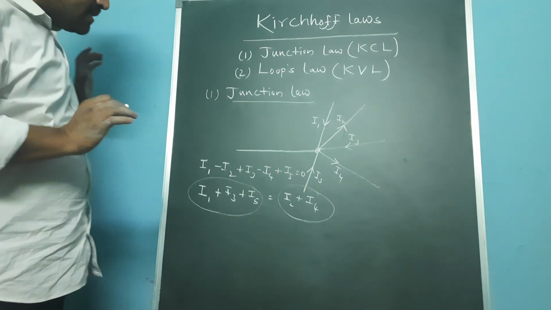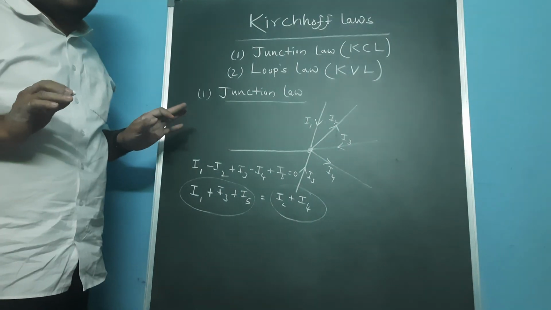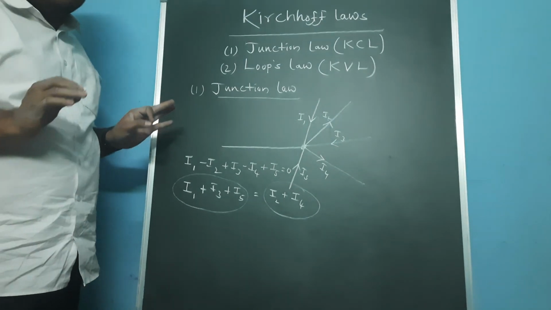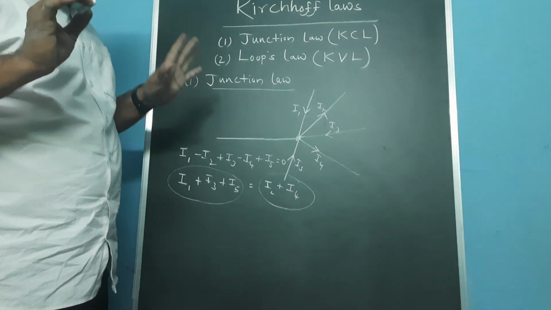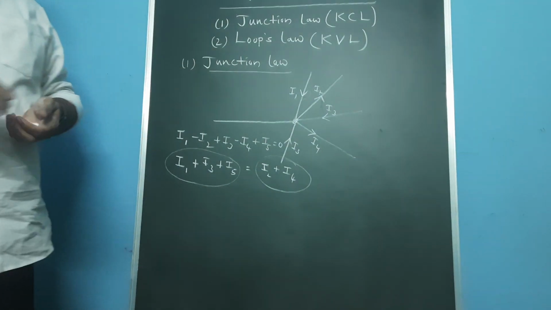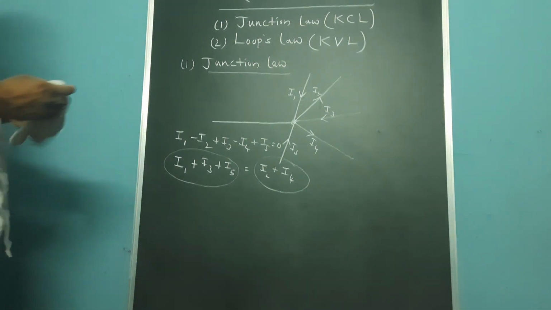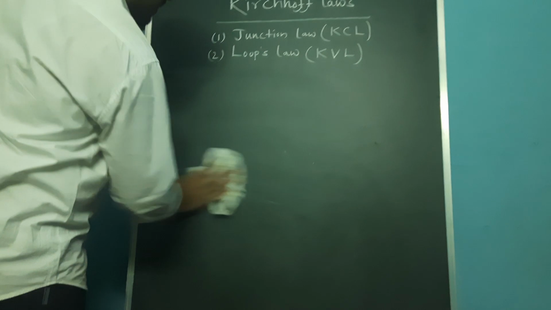Right. Next, the second law we'll discuss, children. Most of the children feel the second law is very difficult, but it is very easy if you concentrate on the sign conventions of Loops law. Okay, children, we'll discuss Loops law.